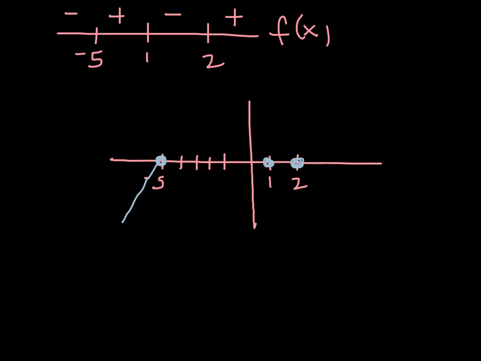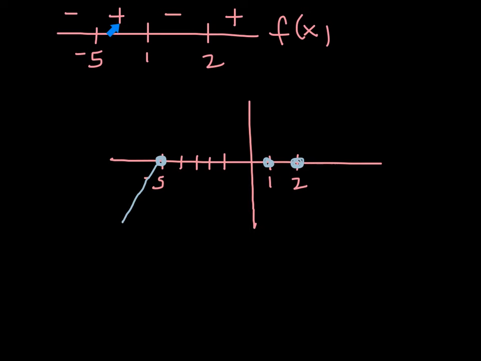All right, now we need to see, though, what's happening with the graph when we look between this interval right in here. So between negative 5 and a positive 1 right in here. So we want to know whether the graph is going to be above or below the x-axis. Well, let's go up here and let's look at our sign chart here, and we notice that we have a plus sign.